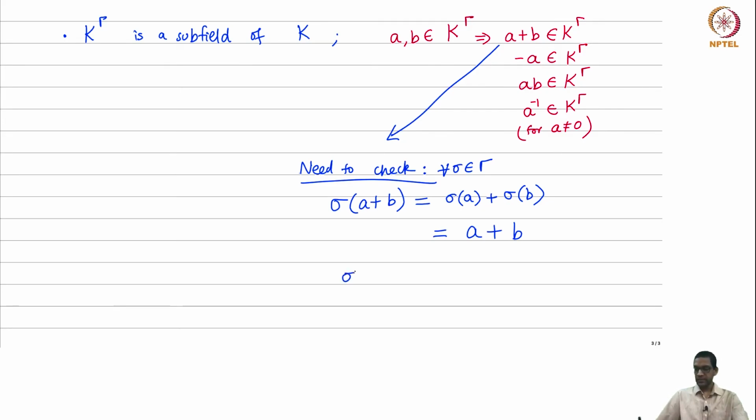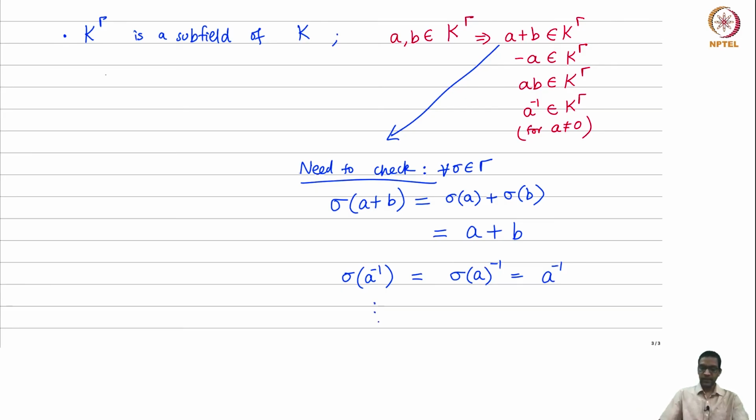Similarly, let's check the last one. If I had to check that a inverse belongs to K^gamma, I need to apply sigma to a inverse. But again, sigma is an automorphism, therefore sigma of a inverse is sigma a, the whole inverse. But sigma a is just a because a belongs to K^gamma. Okay, and so on. You can just check the other two properties similarly.